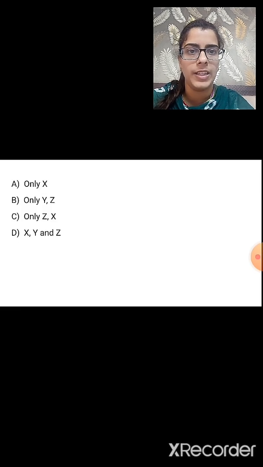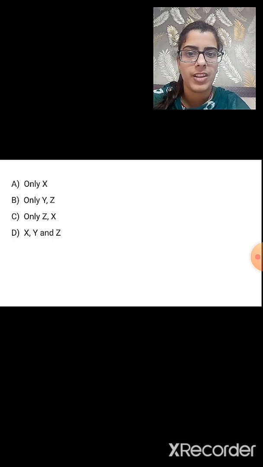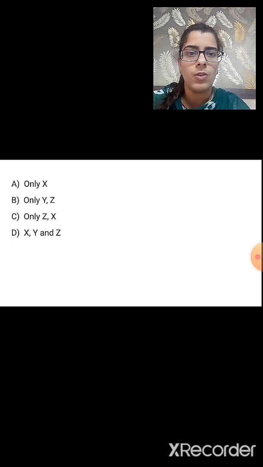Options are A. Only X, that is winnowing, B. Only YZ, that is threshing and sieving, C. Only ZX, that is sieving and winnowing, and D. X, Y and Z, that is winnowing, threshing and sieving. So which of the methods will not require air for the separation?